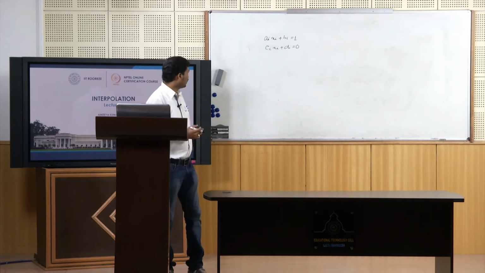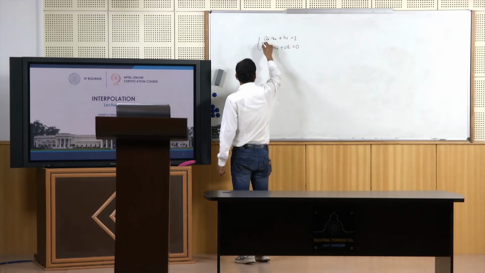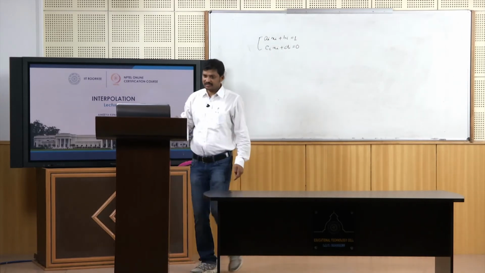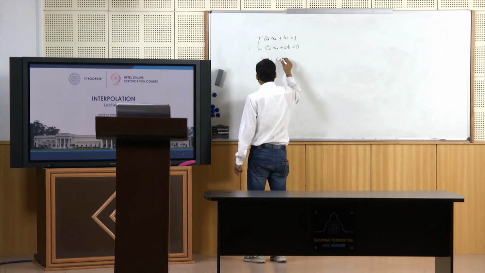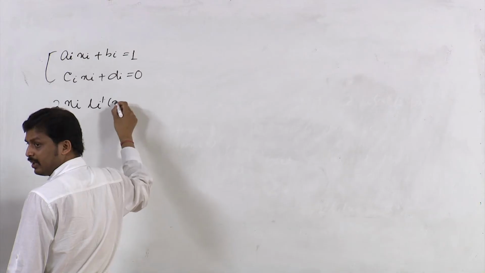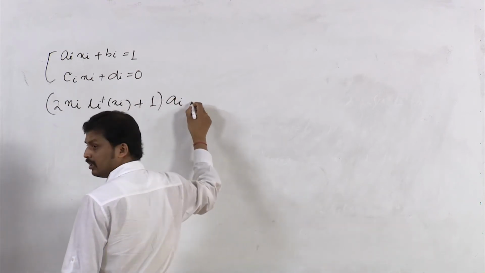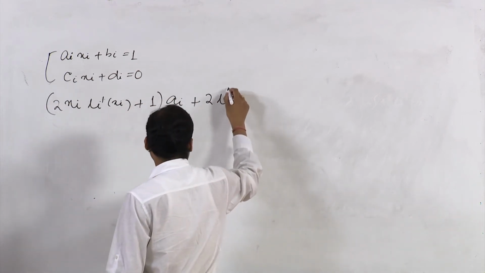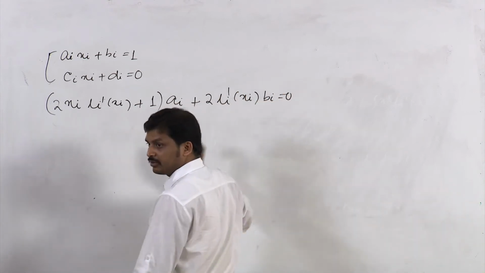So, that is why we can just find the first coefficients in this form here. If we use the same coefficients for the second two equations, like equations 6a and 6b, then we can obtain 2xi li dash of xi plus 1 into ai plus 2 li dash of xi into bi, this equals 0.